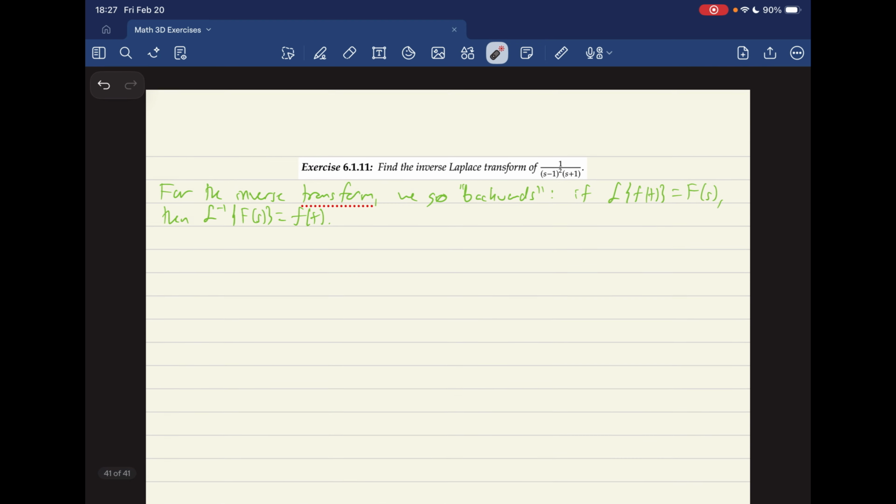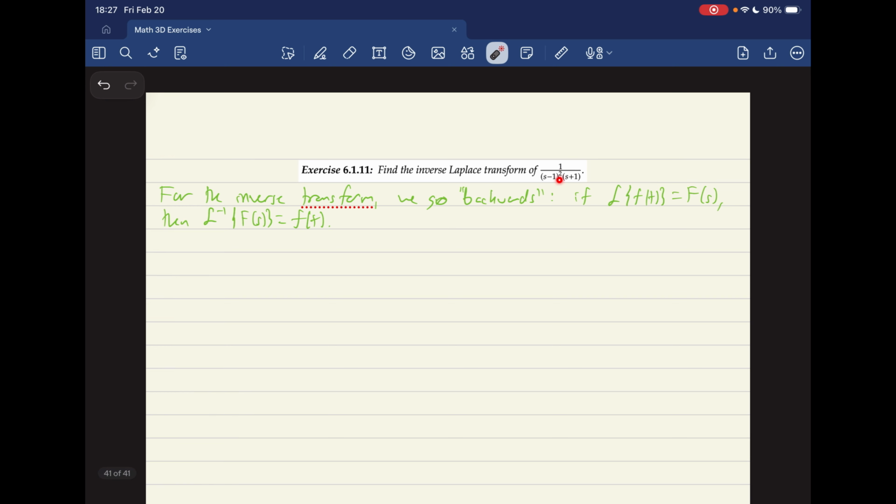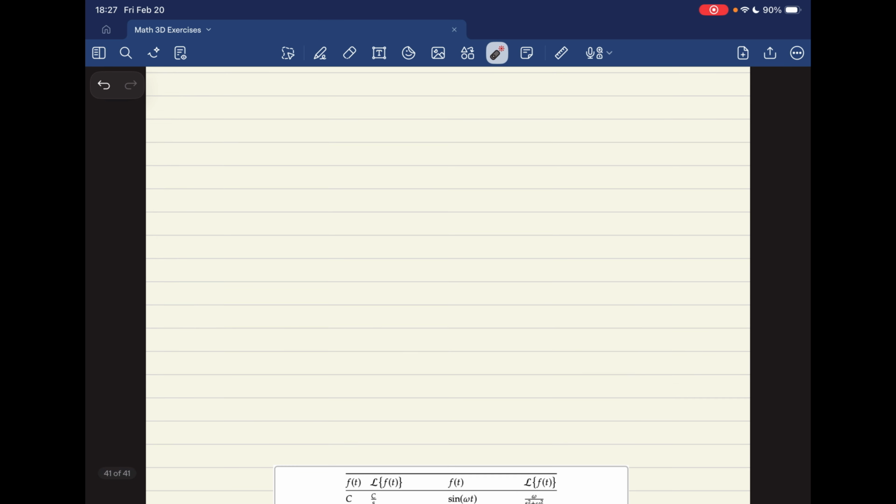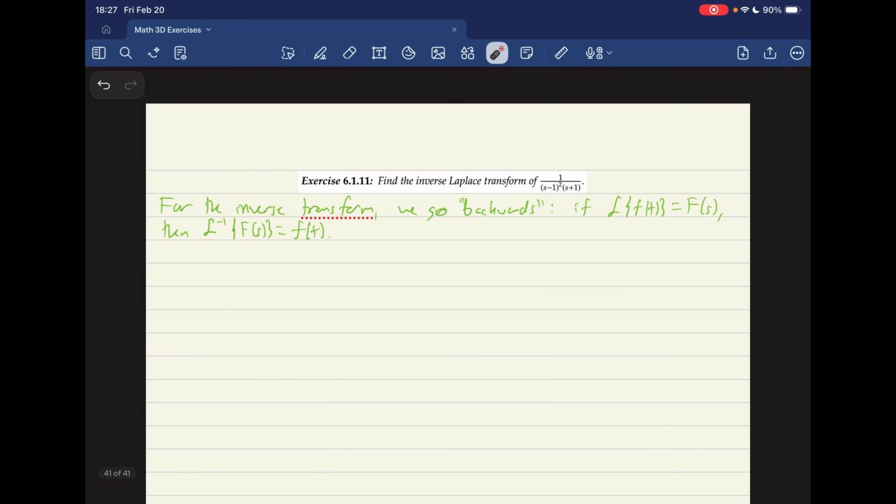Over here, we have s minus 1 squared times s plus 1, and in all the cases of our table, there is no denominator that addresses a product of distinct linear factors like that. So what do we do? Well, in general, whenever you have a rational function like this, you should always split it up using partial fraction decomposition.